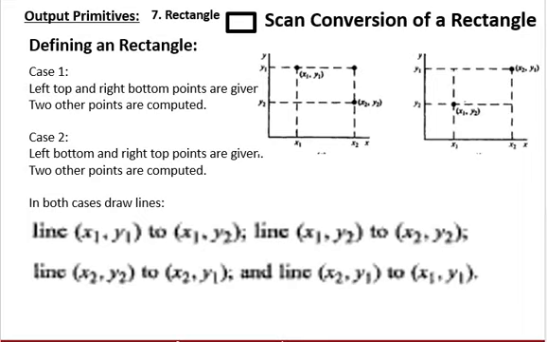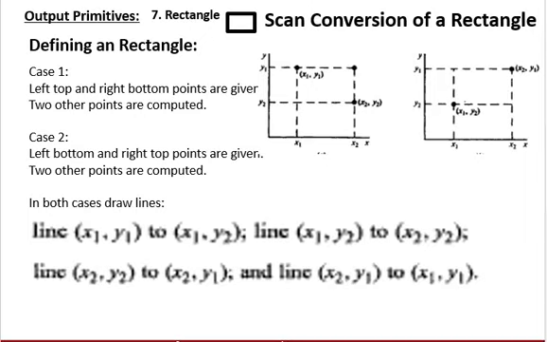Defining the rectangle, this one is the rectangle shape, and that is how we can draw a rectangle. x1 is the starting point, denoted as x1 and y1, to x1 and y2. That means we have first incremented the line value only on this side, that means the y side, and then the next line is drawn from x1 y2 to x2 y2.